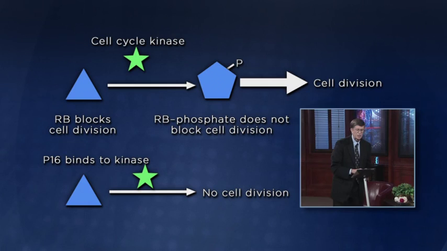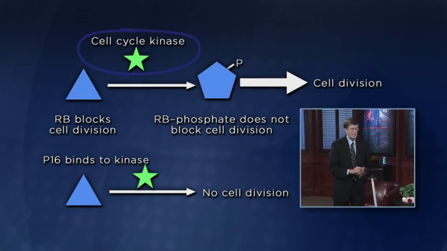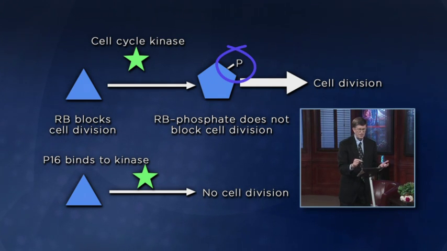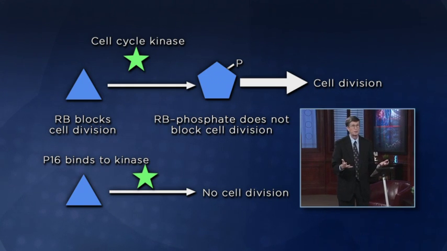RB gets inactivated naturally during a cell cycle, when our friend from the very early lecture on cell division, the cell cycle kinase, this enzyme, takes RB, which is blocking cell division, and puts phosphate groups on it. It changes its structure so it doesn't block cell division and permits it to go ahead.